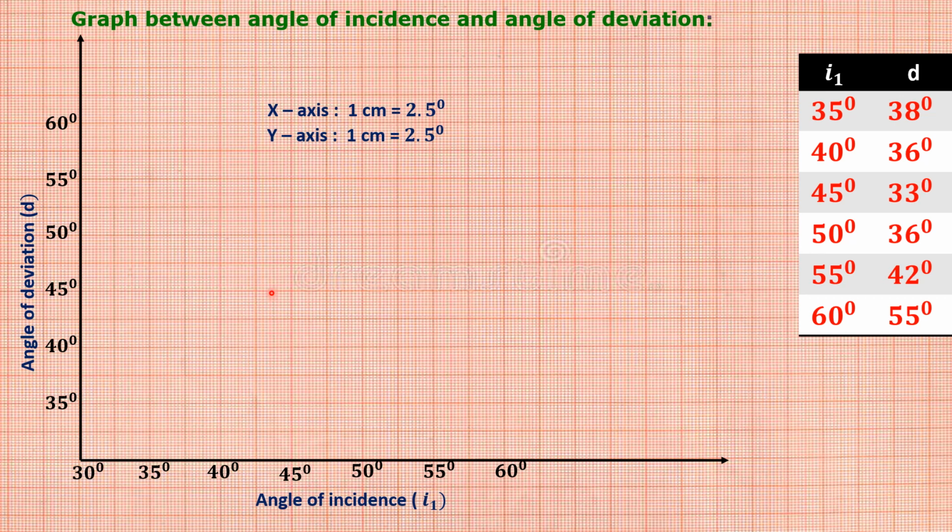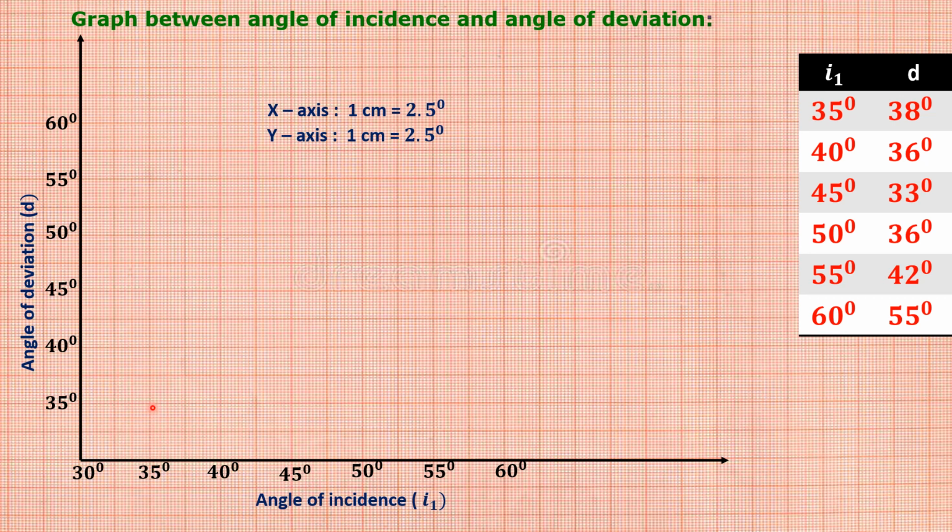And the same scale has been taken on the y-axis. So angle of deviation has been shown on the y-axis and angle of incidence has been shown on the x-axis, and these are the observed values. So when I1 equal to 35 degrees and the D value is 38, so when it is 35 means 38.